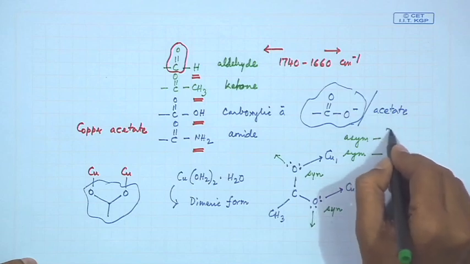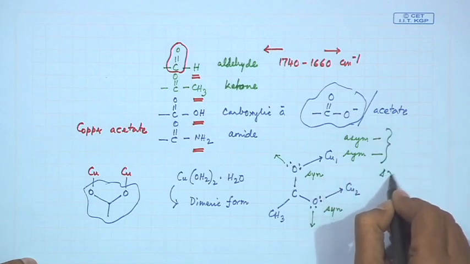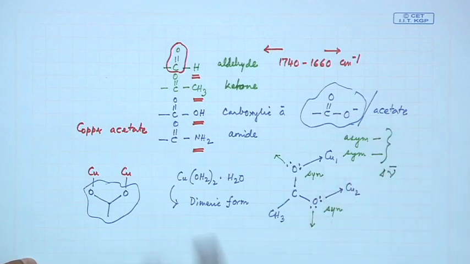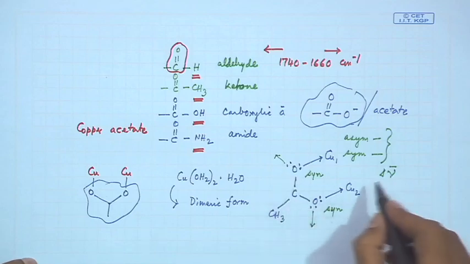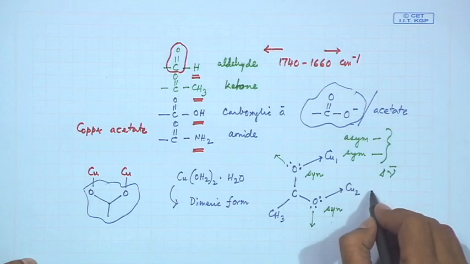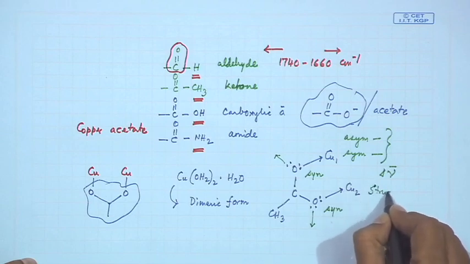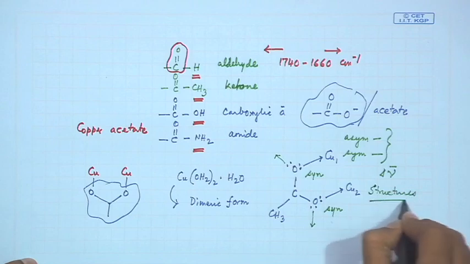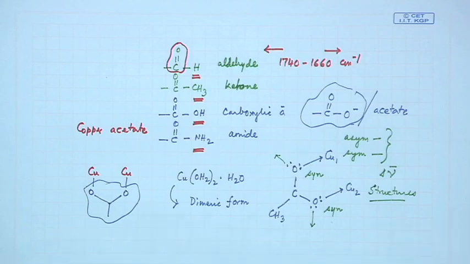So, that change, the delta nu bar, is also very characteristic for the type of bonding. So, the IR spectrum can give rise to the identification of the structures of these very simple molecules, which are nothing but typical metal salts.